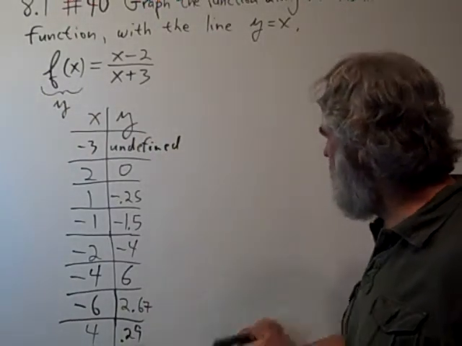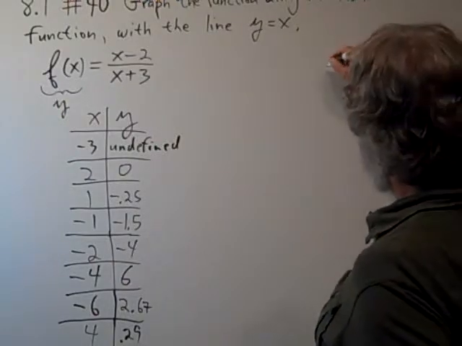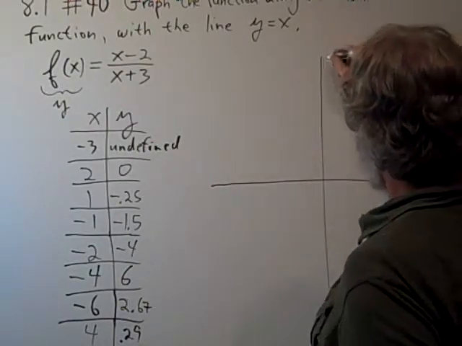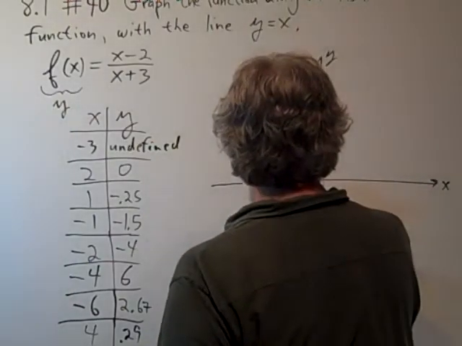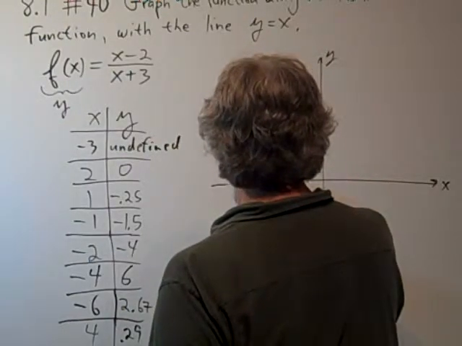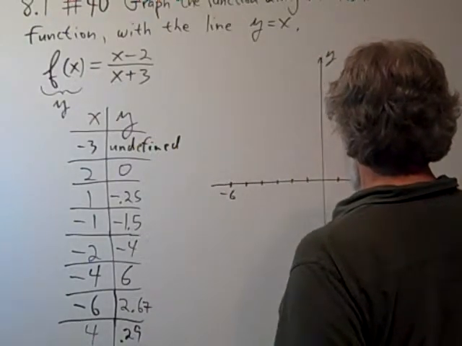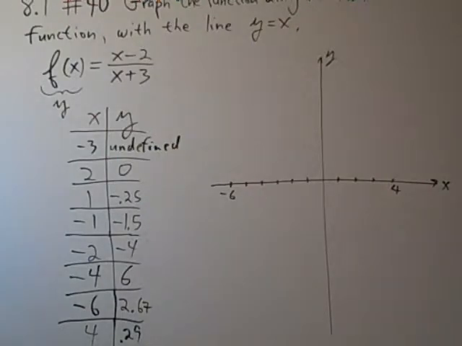Okay, let's see if we can graph this function knowing all of these points. Let's try it. X goes from negative 6 up to 4, so let's plot that over that region. So 1, 2, 3, 4, 5. There's negative 6, and 1, 2, 3, 4. That's the x extent of this.